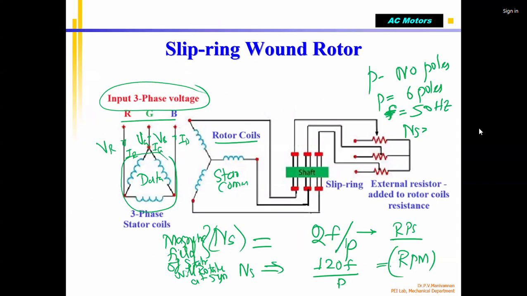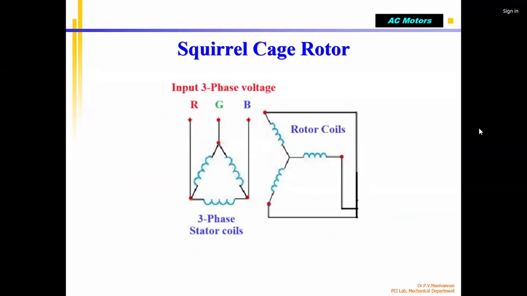So you can calculate the synchronous speed. This magnetic field rotation is what decides the speed of the rotor.